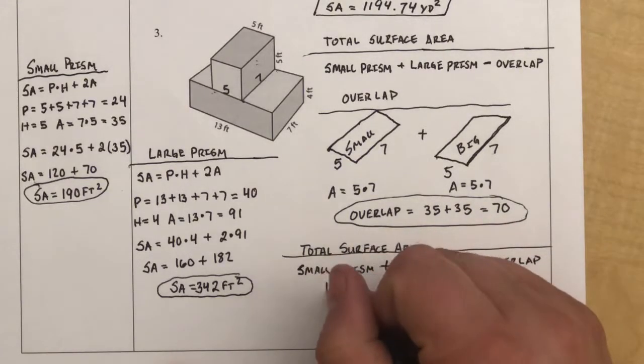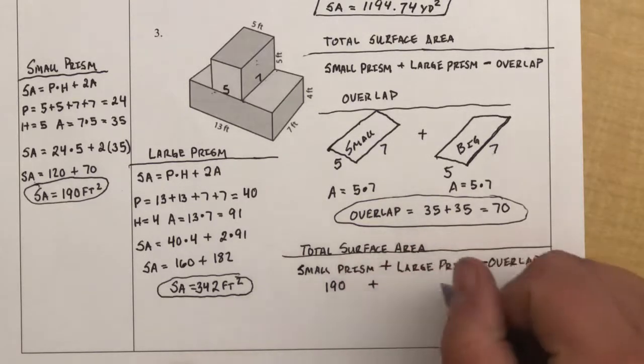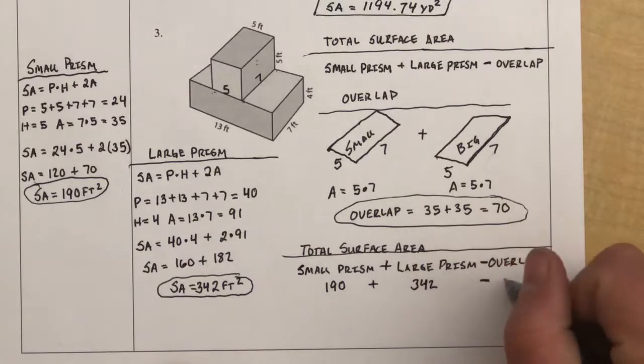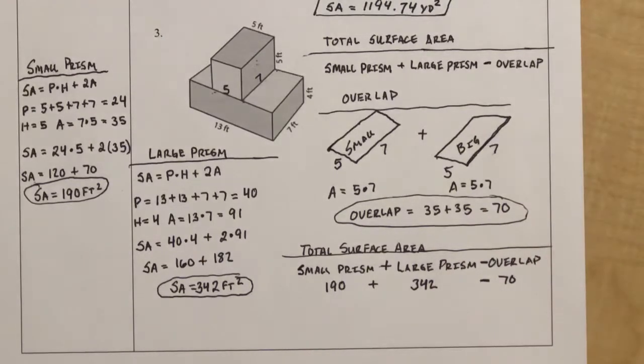So the small prism is 190. We're adding that to the large, which is 342. And then we're going to subtract overlap.